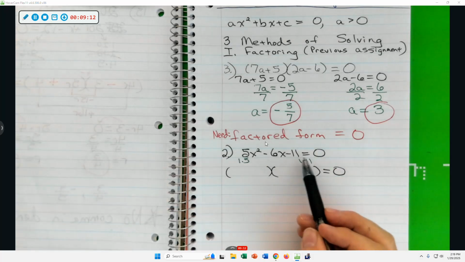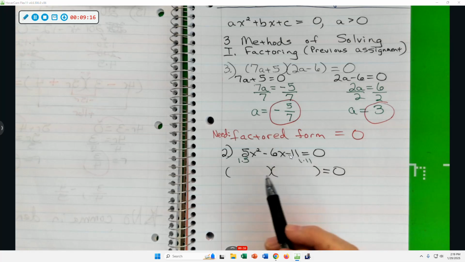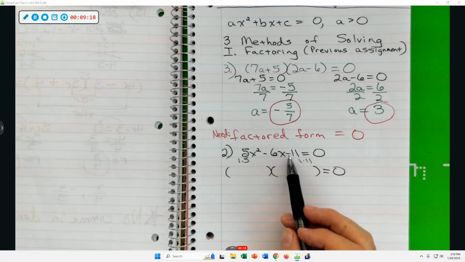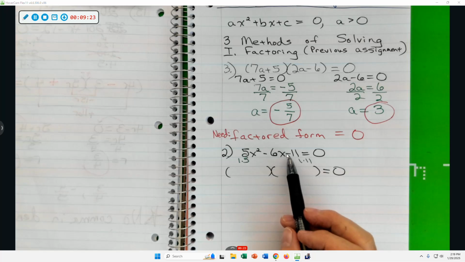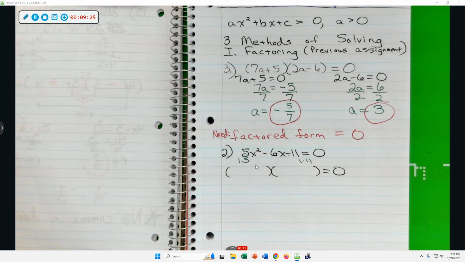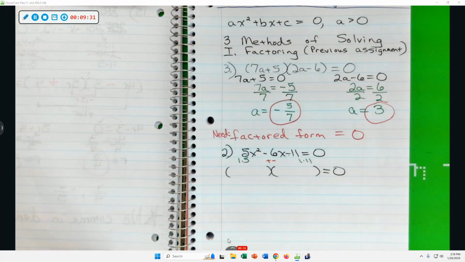The last sign's a minus, so how do you get a negative product? Can a positive times a positive give you a negative? No. Can a negative times a negative give you a negative? No. What has to be true about the signs? There's one positive, one negative, and we'll fill that in later. We're going to need a plus in one of the parentheses, a minus in the other.